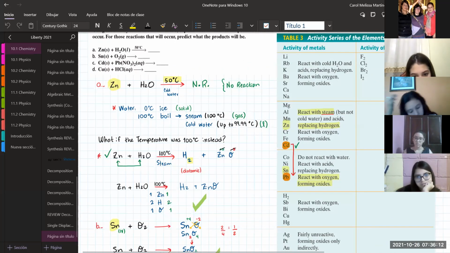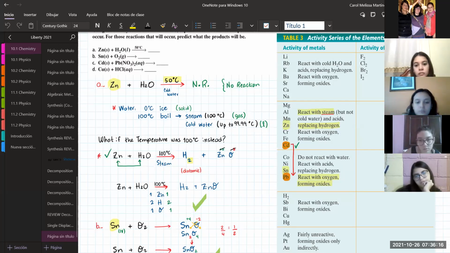In what group do you find copper? In the fourth. Copper is right here. Okay, copper is right there.